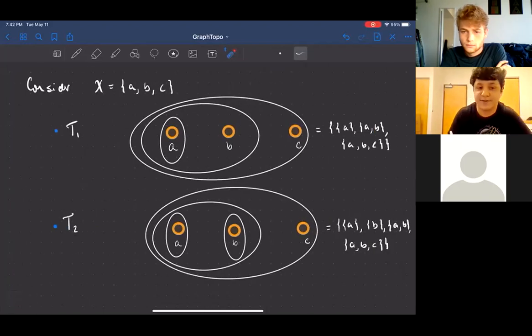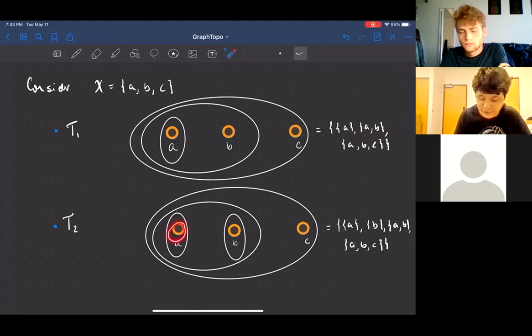But to give some more interesting examples, let's say we have a set with the elements A, B, C. We can create a topology by considering the subsets {A}, {A, B}, and {A, B, C}. The interesting thing about this topology is that if you want to work with the element B, by force you're also working with the element A. The element A goes on its own, but if you want to do something with the point B, you need to also consider the point A. For a second example, this is not the case.